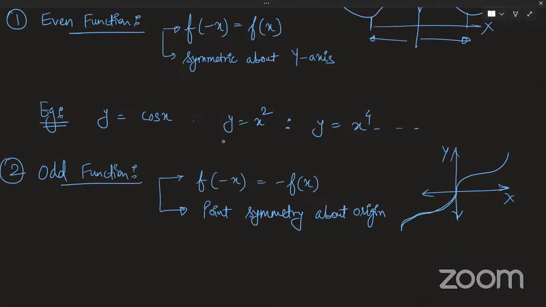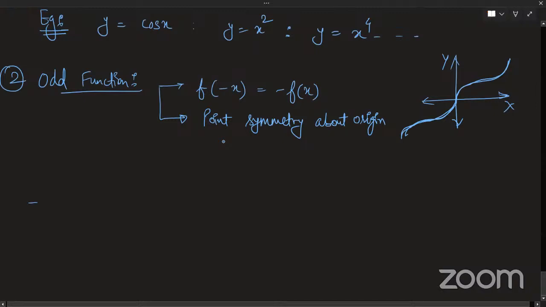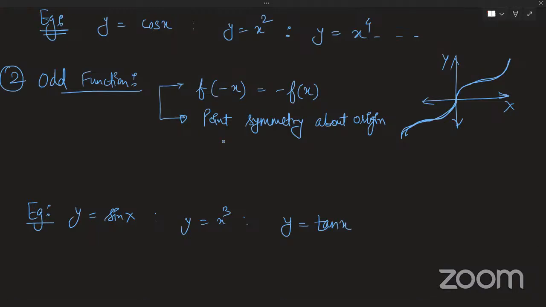I'm not able to draw it clearly, but this is what I try to say. One thing special about odd functions, okay, just a few more examples. Y is equal to sine x, y is equal to x cube, then what else? Y is equal to tan x also. Yes, correct. Tan x, correct. Hello. Do you have a doubt?